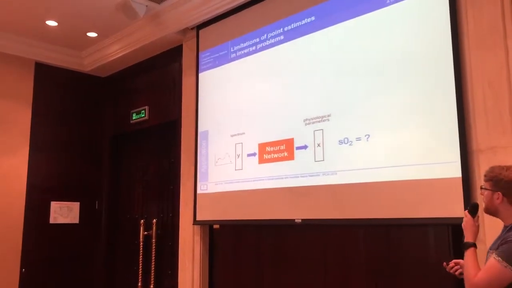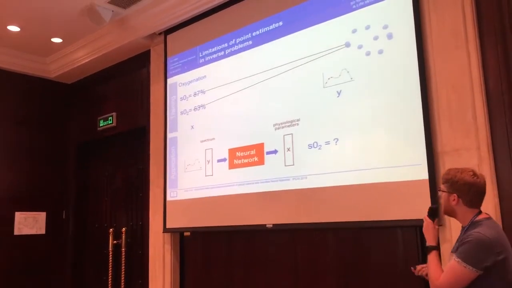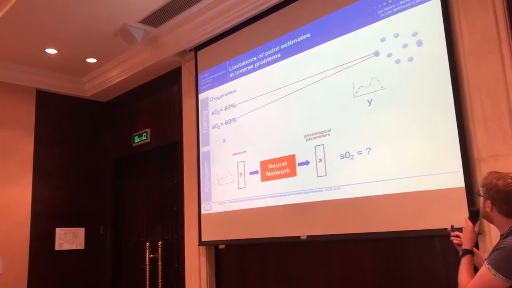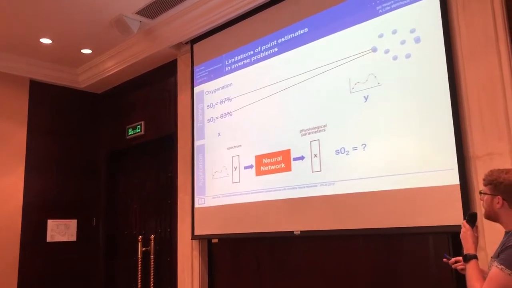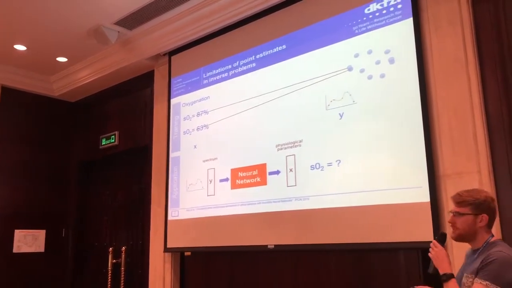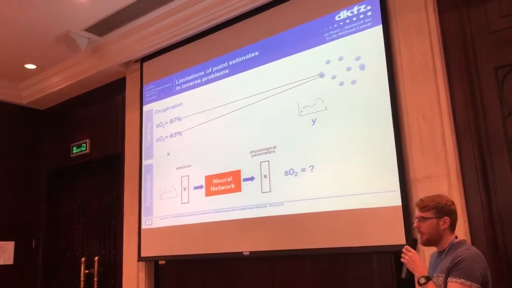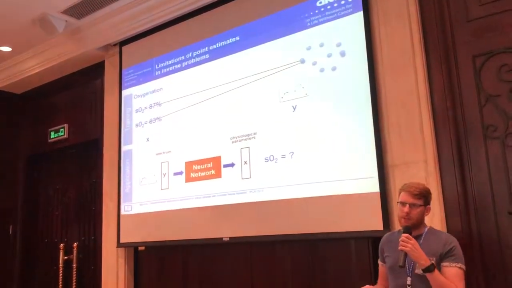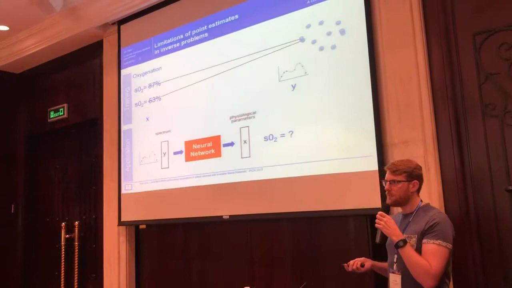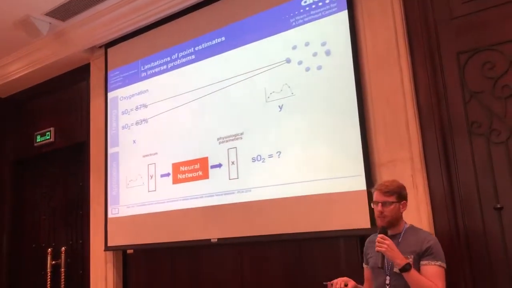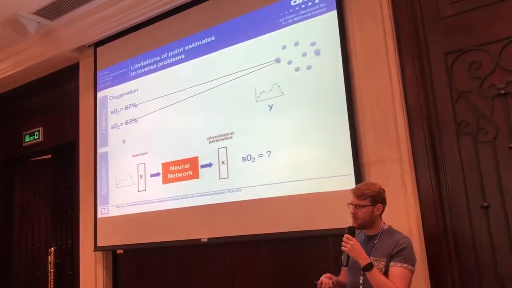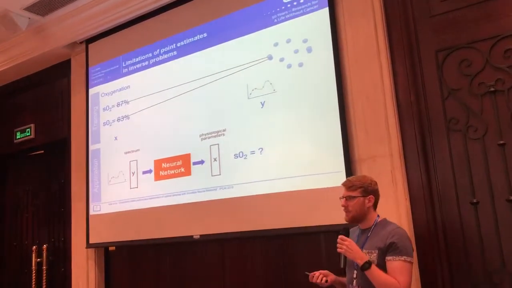Because there might be this following example where we have 2 spectra which basically look the same but stem from different oxygenation levels. And a standard neural network which does only point estimates, what would it do in that case? Should it predict the mean? Should it predict the median? Something like that doesn't really make sense.